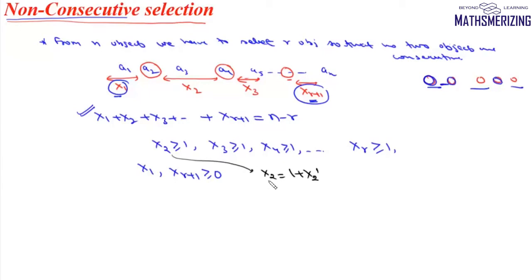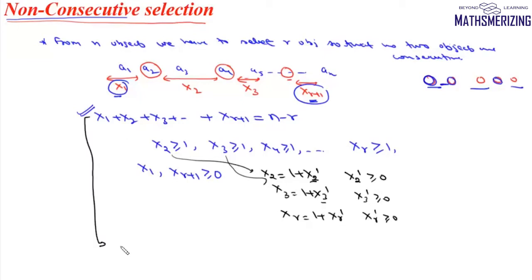Since x2 is greater than or equal to 1, x2 dash will be greater than or equal to 0. In the same way, we can write x3 as 1 plus x3 dash. Again, x3 dash will be greater than or equal to 0. And finally, xr we'll write as 1 plus xr dash, and xr dash should be greater than or equal to 0. So we'll substitute x2, x3, xr in terms of x2 dash, x3 dash and xr dash.